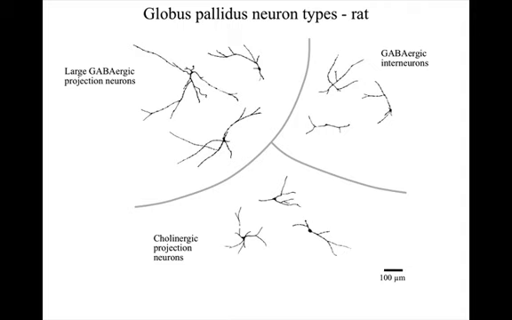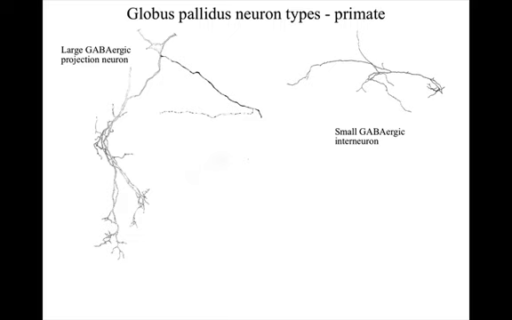And there are also GABAergic interneurons. In addition, there are a few cholinergic projection neurons that actually project to the cortex. About 1% of the neurons in the rat globus pallidus are this type, although it's not certain that they're present at all in the human globus pallidus. And these are drawings of neurons in the primate globus pallidus.